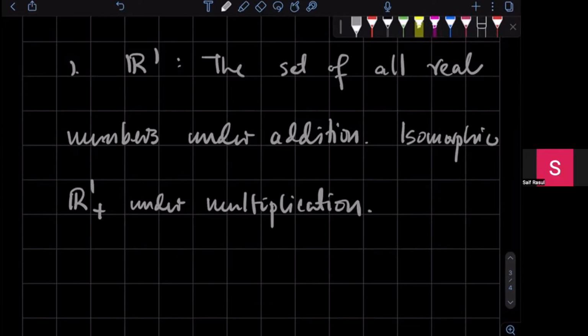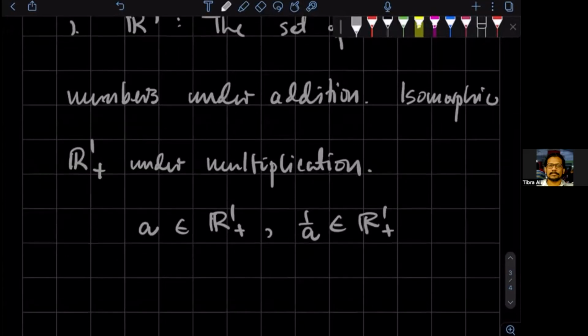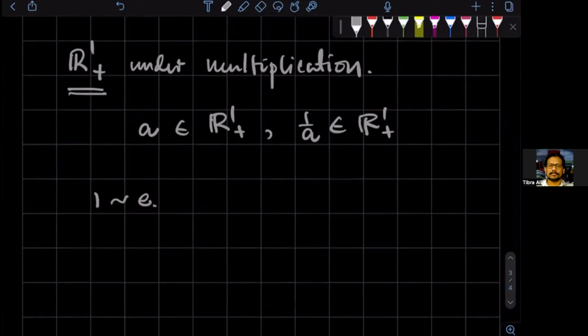Yes. So if a is in this, so is this, right? And the identity element is just 1. So this is also a group. And I'm claiming that R1 with plus as the operation is isomorphic to R-plus with multiplication.